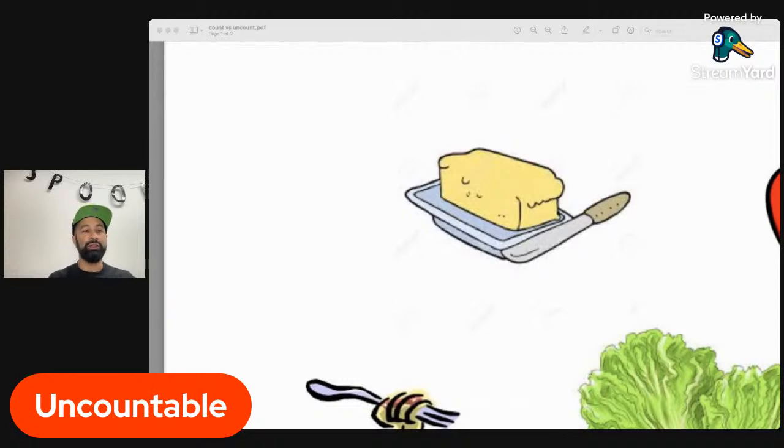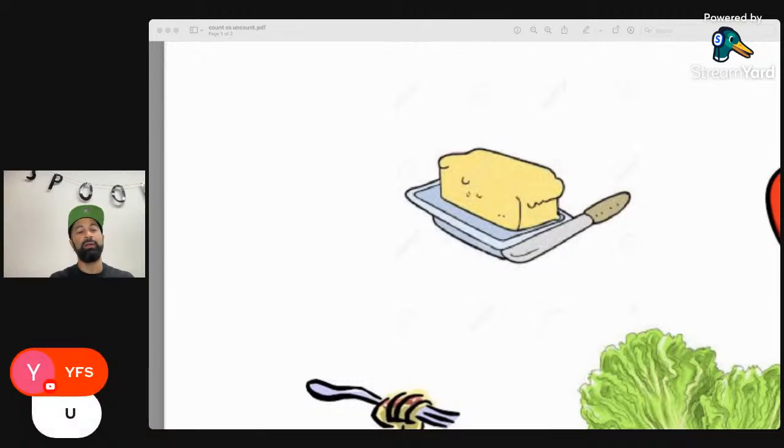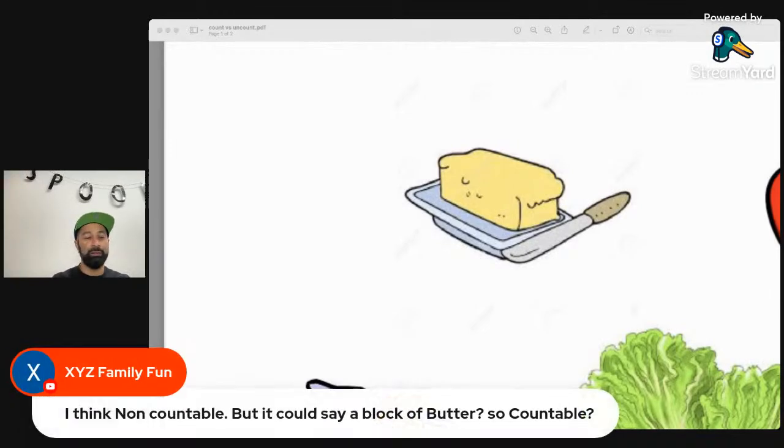Now, you mentioned a block of butter. This is a really good point. Before we go on to it, we've got YFS with uncountable. Correct, YFS. Yes, butter is uncountable. But XYZ, you make a really good point. A block of butter.